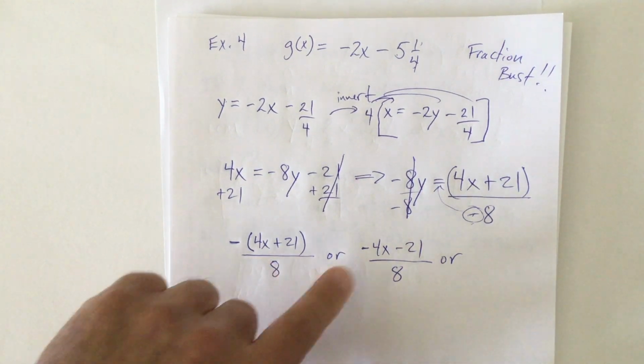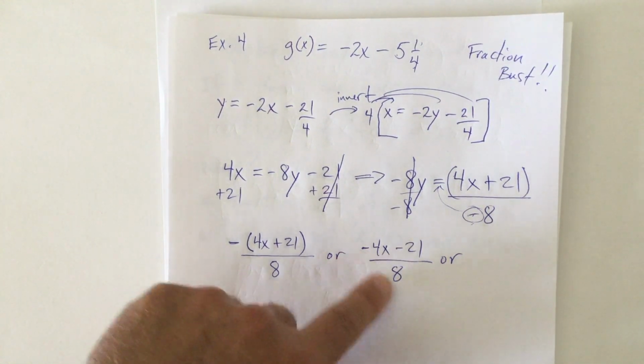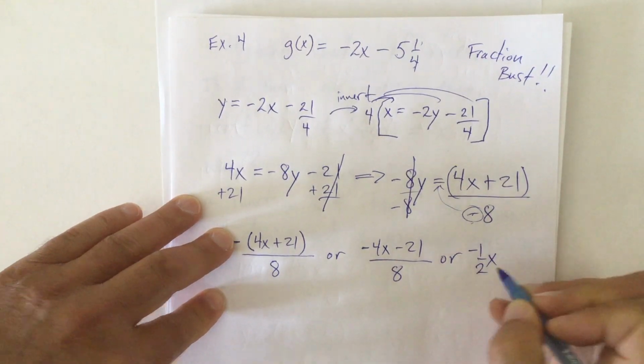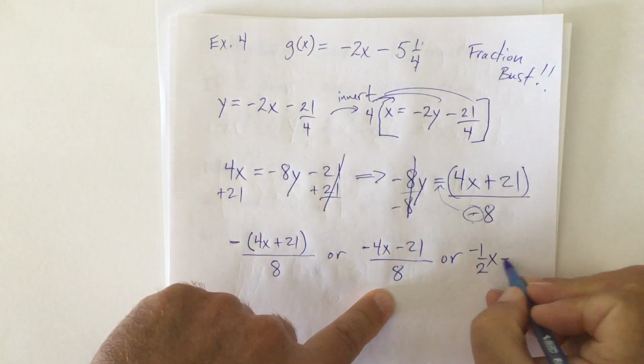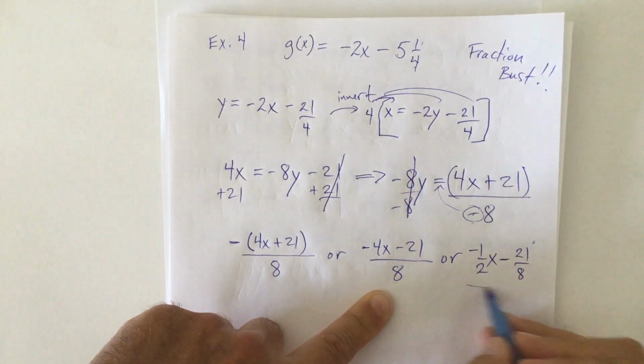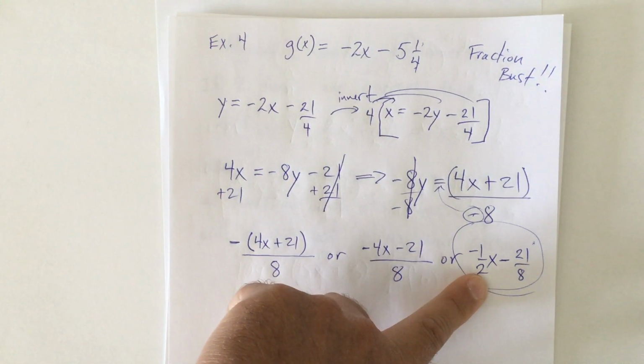And in the book, they said, you know what? That would be reducible. We would call that not negative 4/8 x. In the book, they would say we could call that negative 1/2 x. And then here would be minus 21/8. So this is a fine answer. It's in y equals mx plus b form. It's just not very useful.